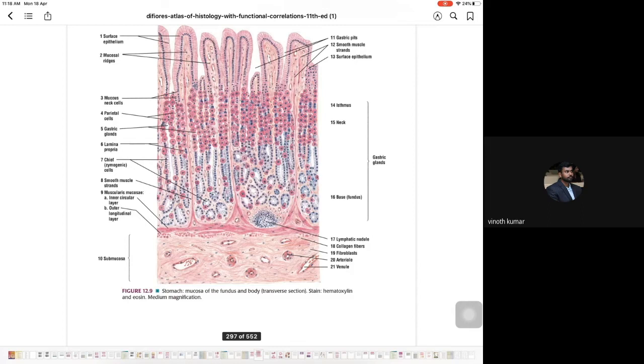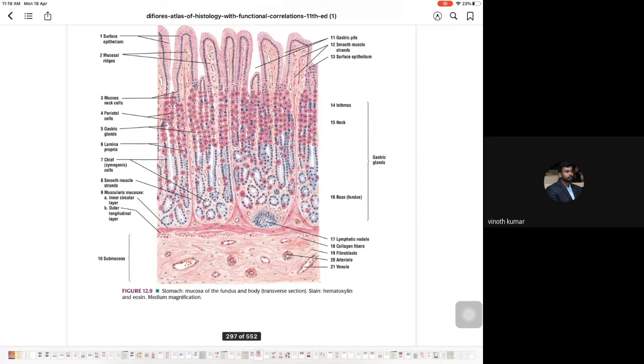On the right side: a gastric pit, smooth muscle, surface epithelium, and a gastric gland with isthmus, neck, and base or fundus, and a lymphatic nodule, fibers, fibroblasts, arteries, and venules.